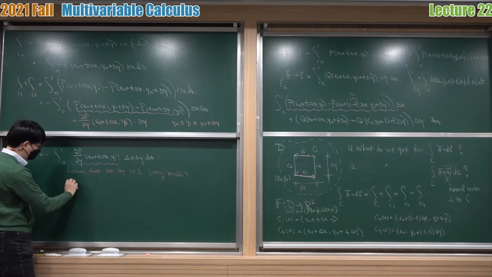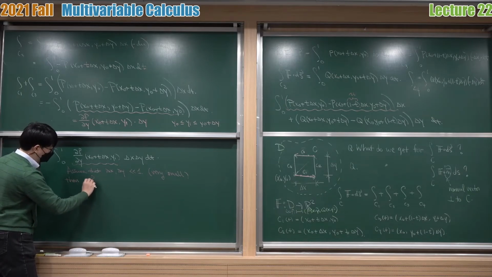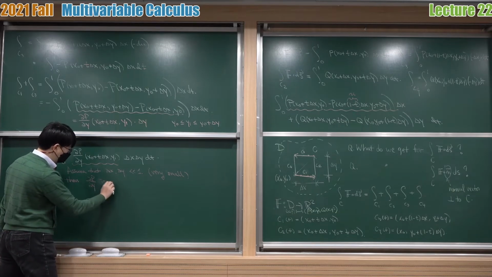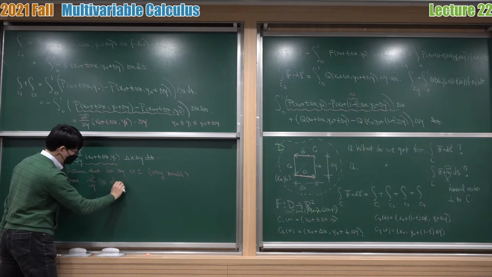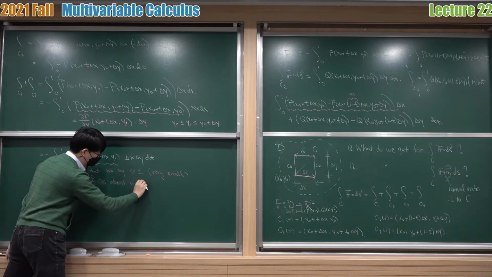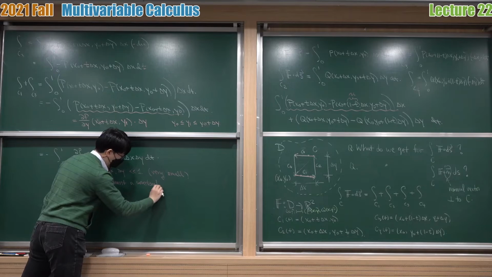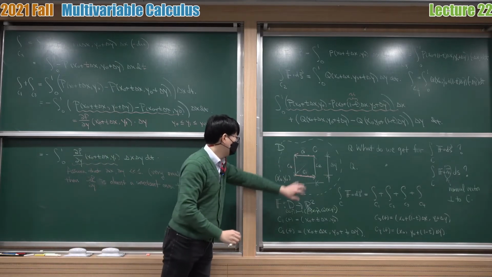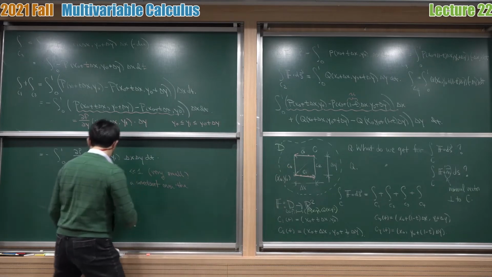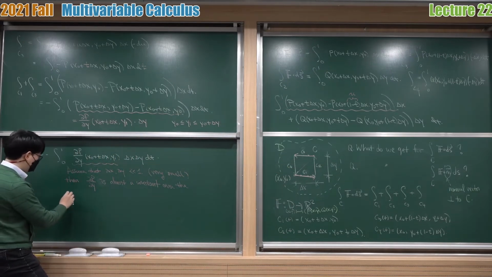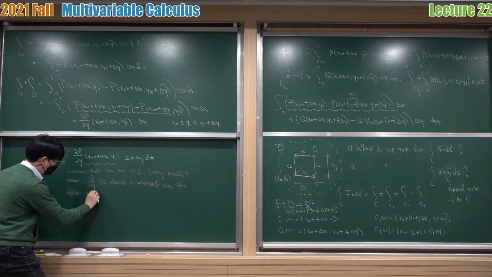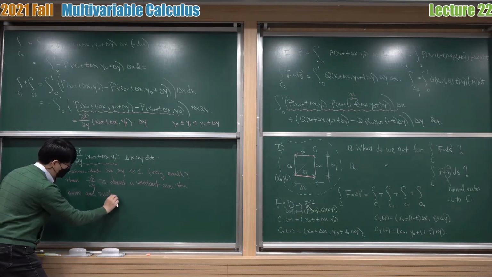Then this delta p, delta y is almost a constant over this domain, over the curve, and inside the curve.